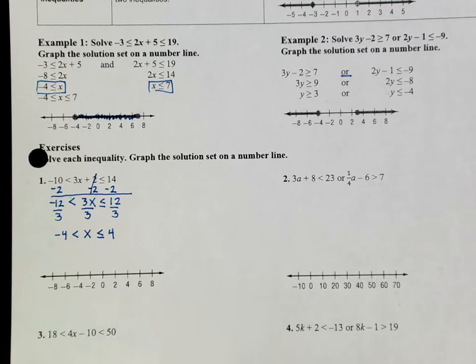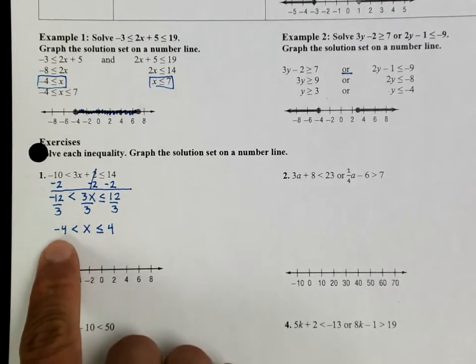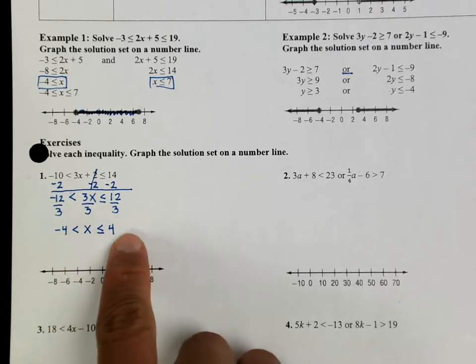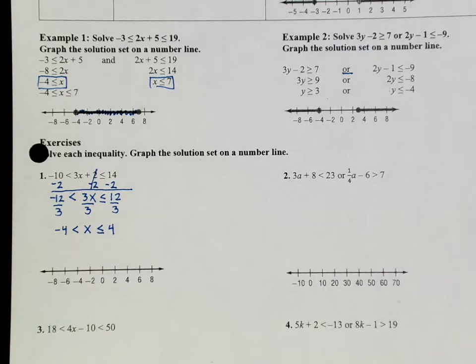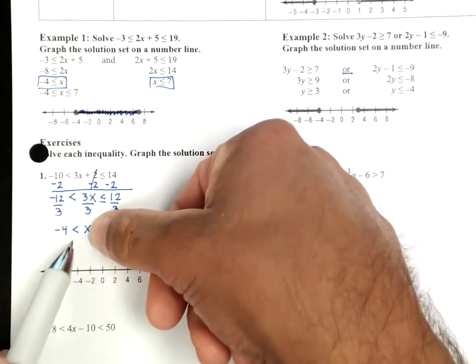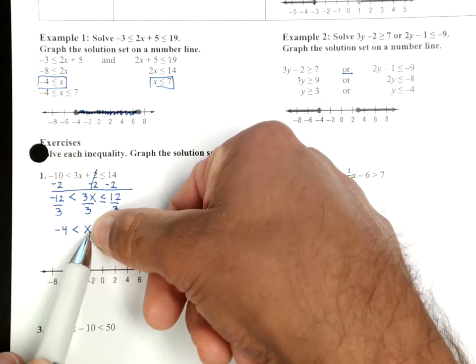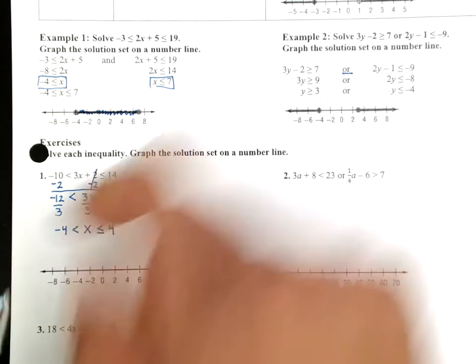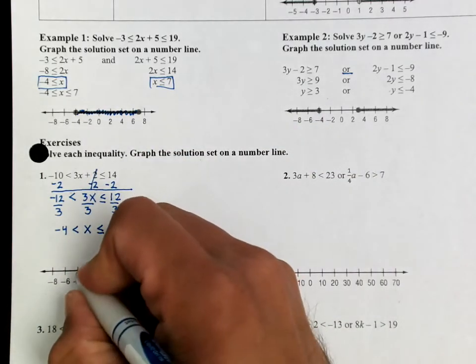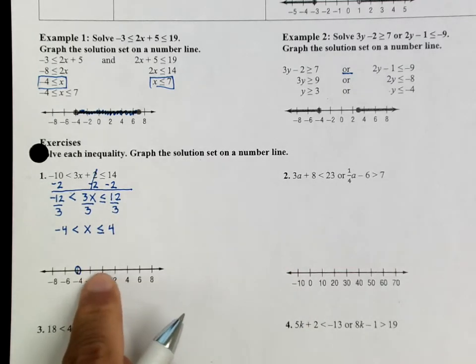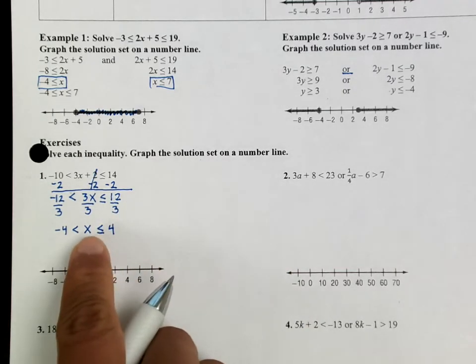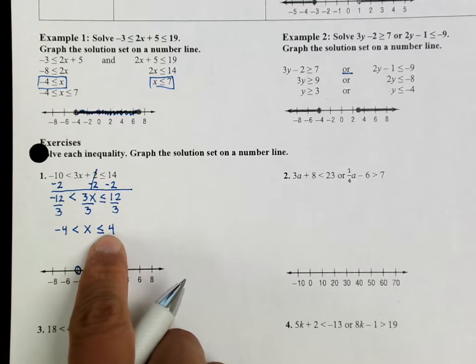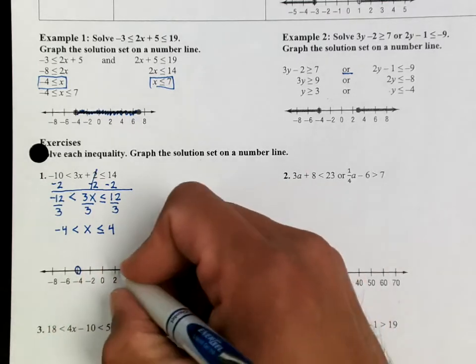Also notice that on an AND statement, normally the number right here is smaller than the number out here. Now if you look at it one at a time, notice how I'm reading from the middle out. X is greater than -4, so greater than -4 will be everything to the right, and x is less than or equal to 4.